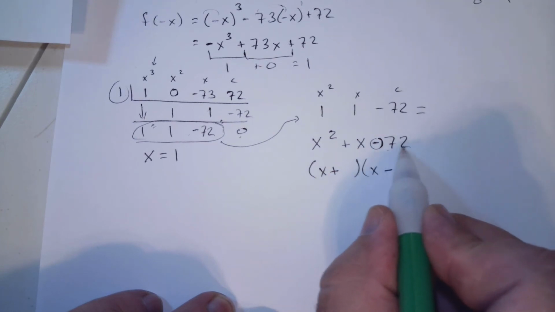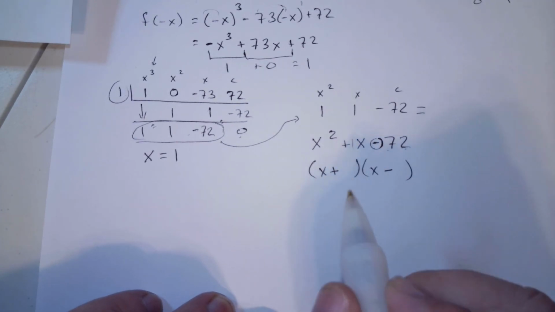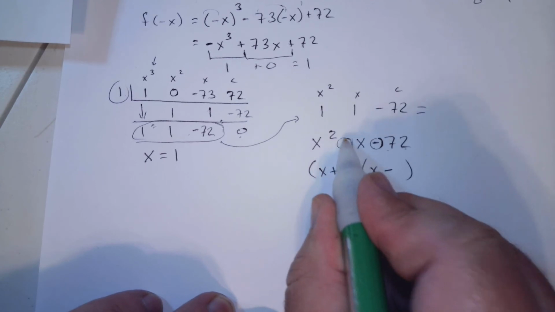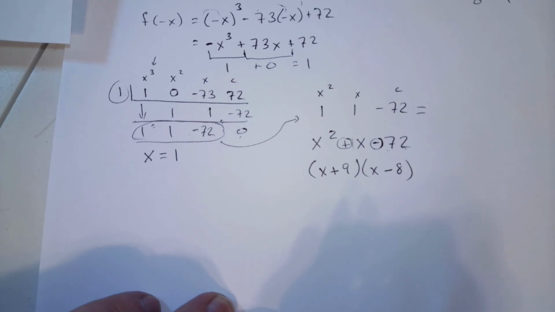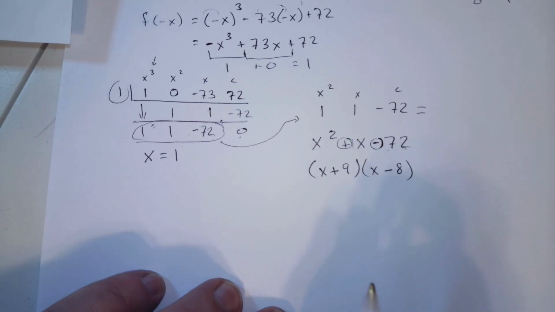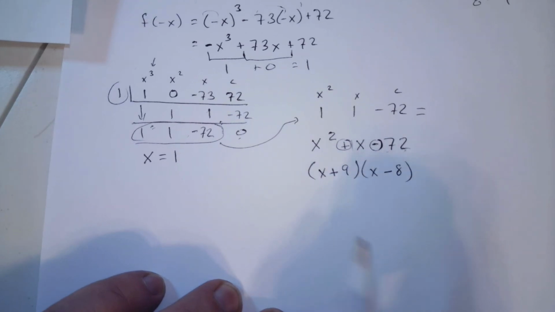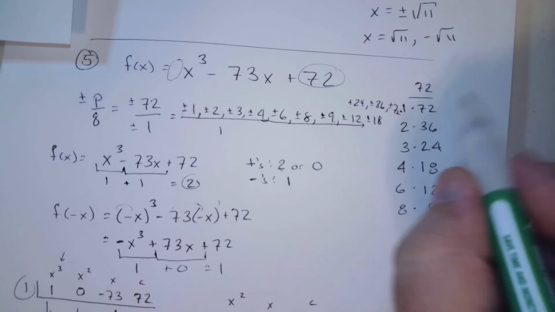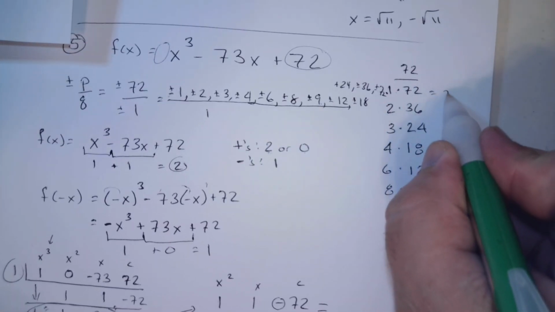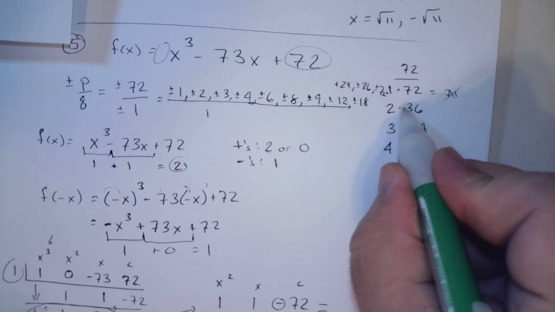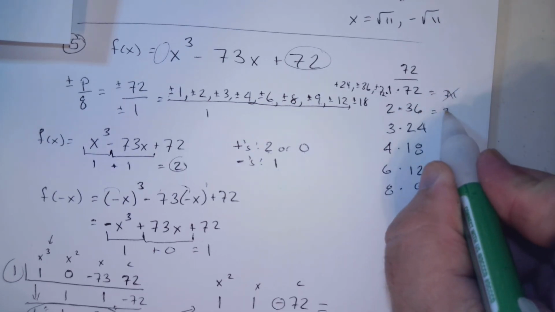So what times what is 72? When you subtract them, you get 1. And the bigger number gets a positive. So it's 9 times 8. If you have trouble figuring that out, remember we found all the factors up here. Since we're using a minus sign, 72 minus 1 is 71. That's not it. 36 minus 2 is 34.